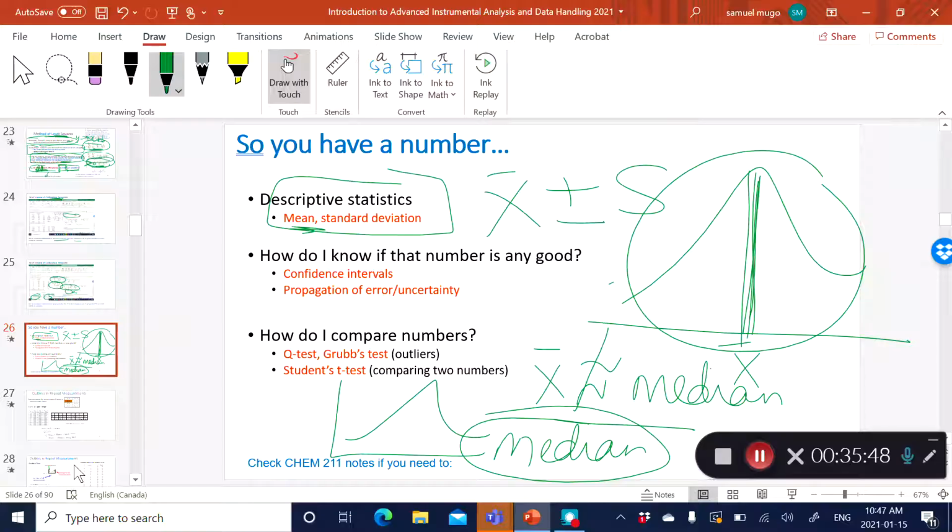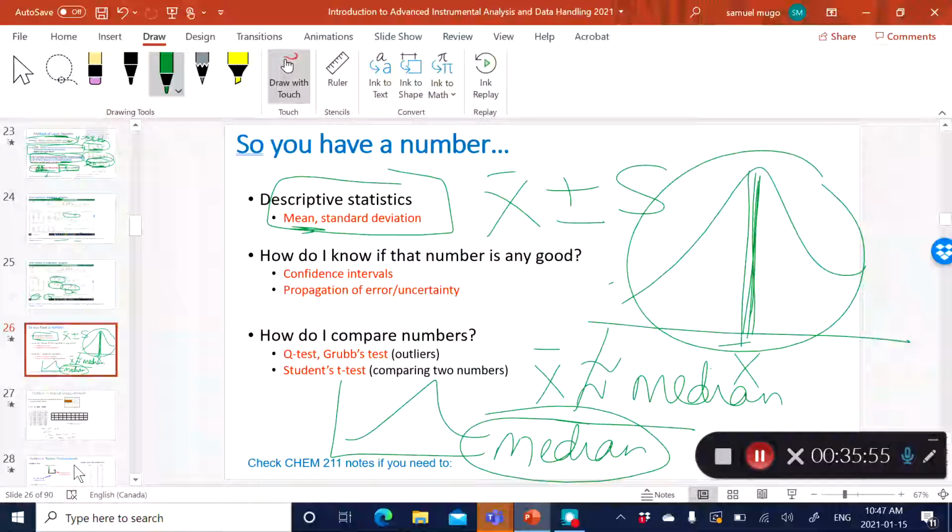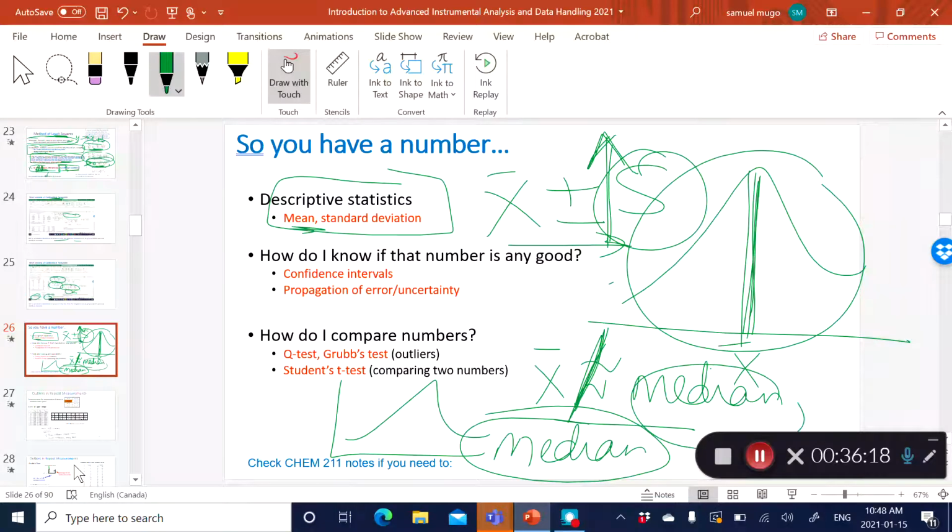If at all the distribution is fairly good, then you should report the mean as the correct data. This is especially important if at all the standard deviation is very large, okay? This is what I mean. If the standard deviation is very large, that means the distribution is quite not normal, and so you should actually report the median, okay?